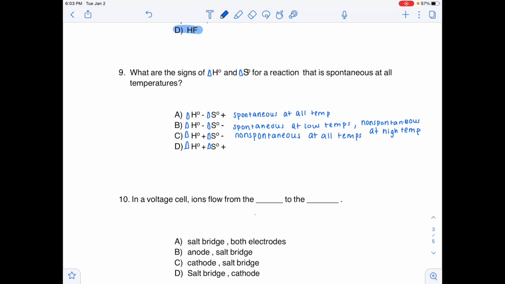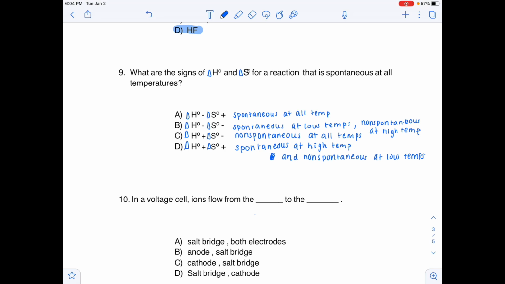And then for the last answer choice, the delta H is positive and the delta S is also positive, so that's going to be spontaneous at high temperatures and non-spontaneous at low temperatures.